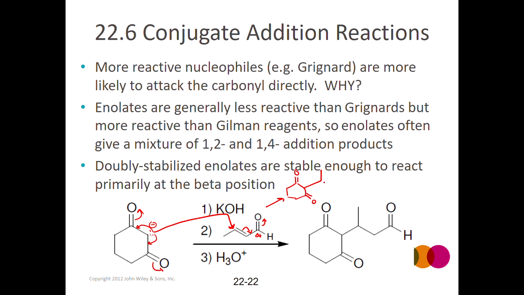And then these electrons would swing over here and push those up to the oxygen. So that would be the next intermediate, and then when H3O plus is added, these electrons would swing back down, and this would pick up a proton, and that would give you the product.